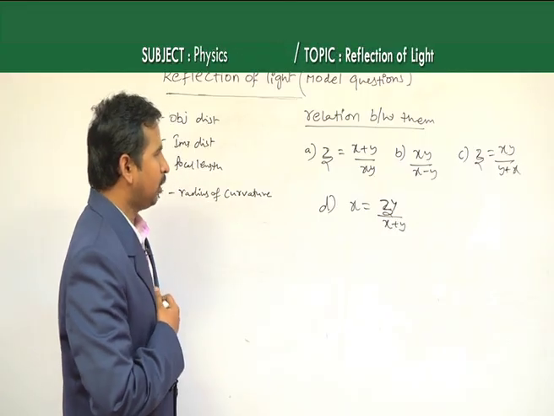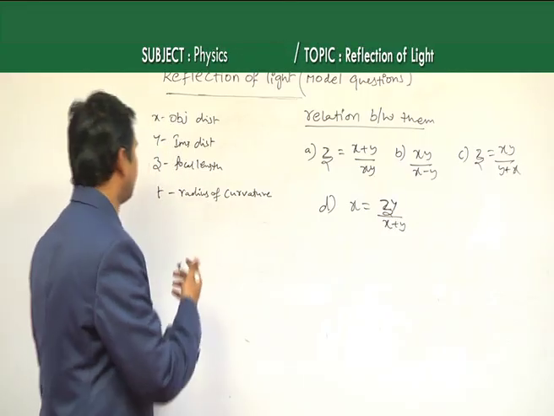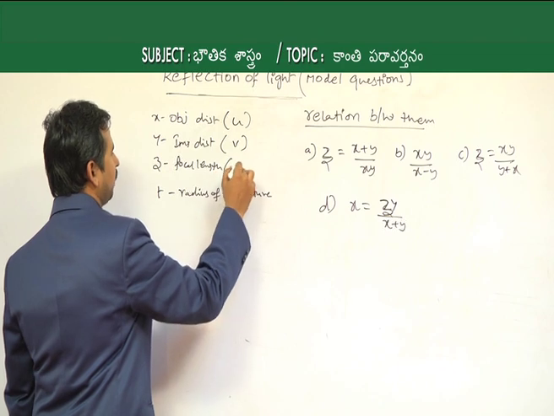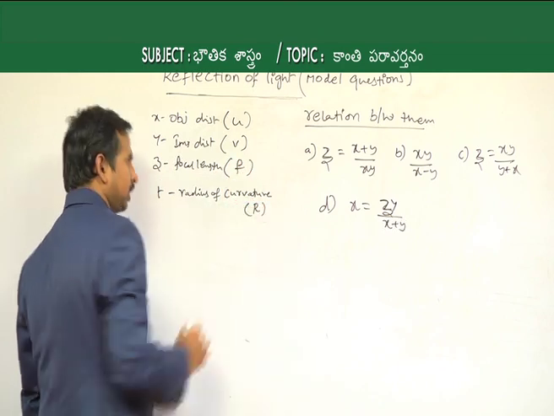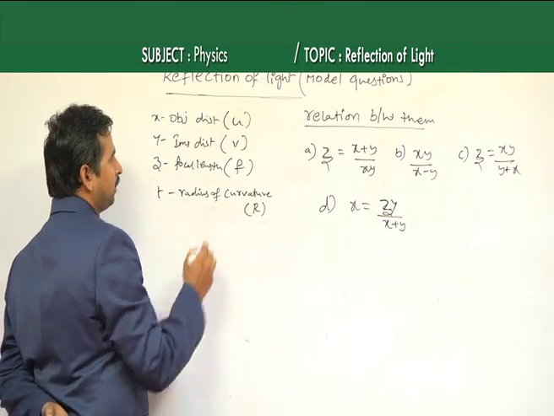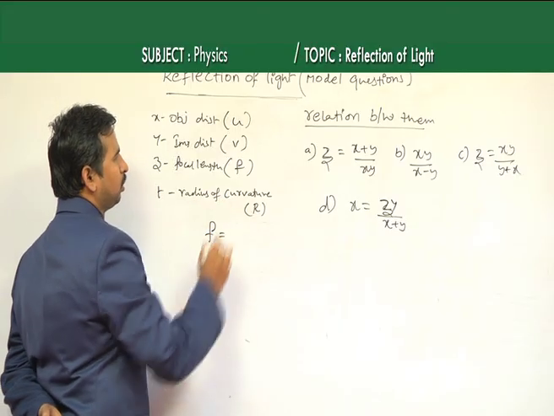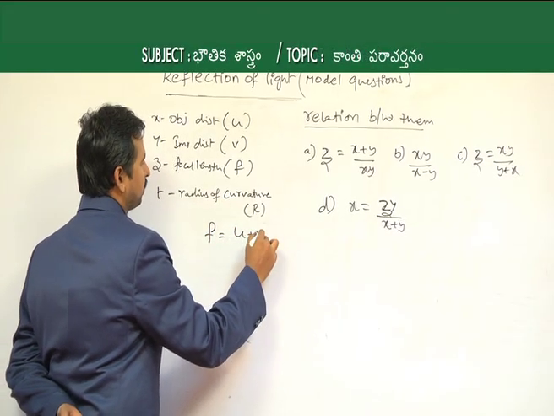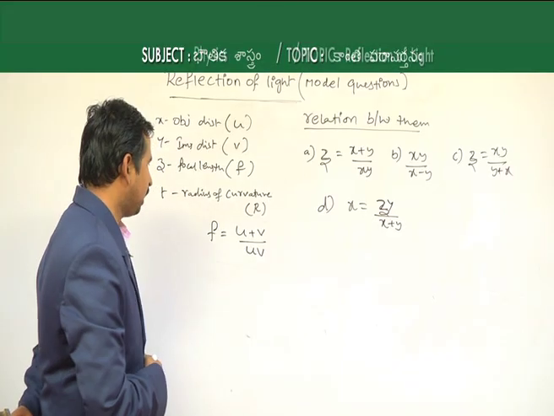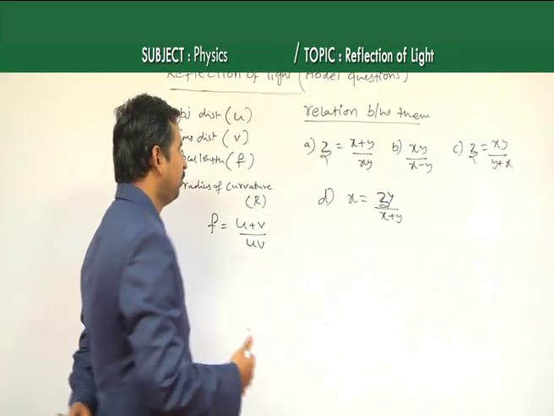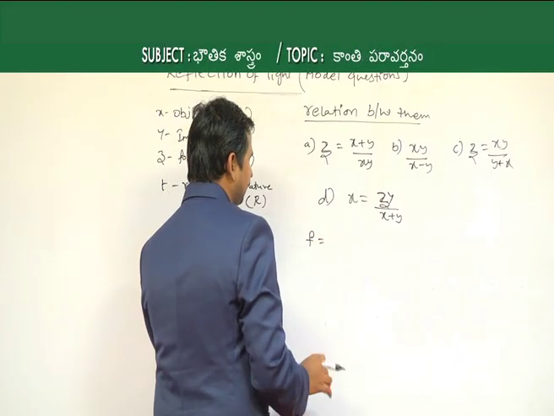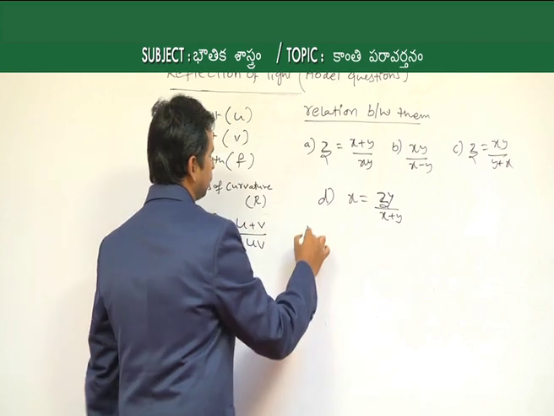In the given options, if we convert into our convenient language, the object distance we represent with u, image distance with v, focal length f, and radius of curvature r. The first equation tells z is equal to (x plus y) by xy, which is f is equal to (u plus v) by uv. Our actual relation for the focal length is 1 by f is equal to 1 by v plus 1 by u.